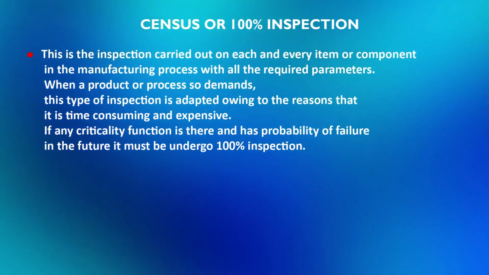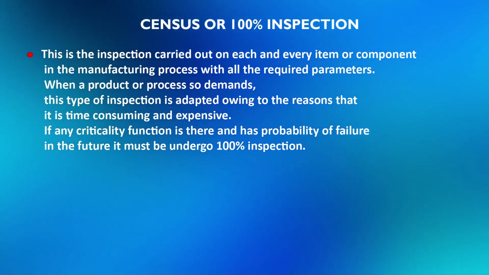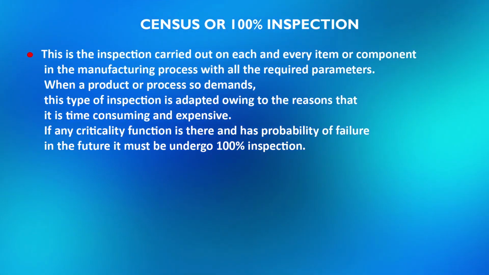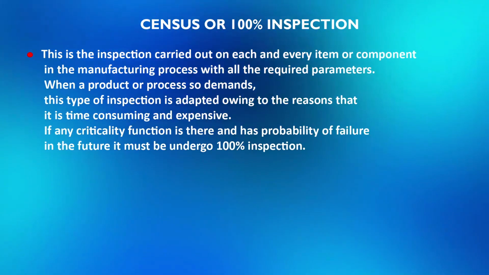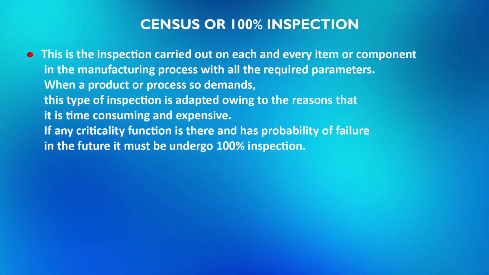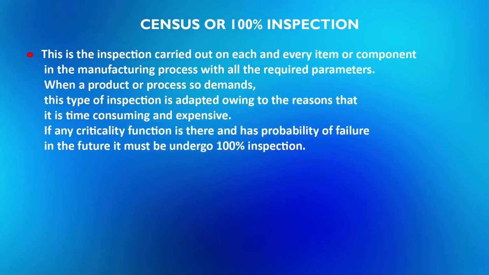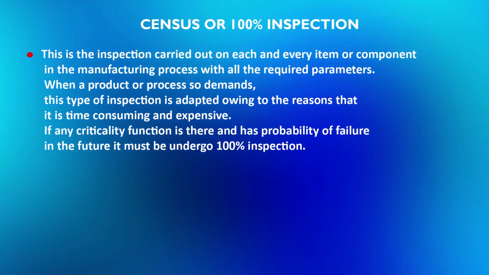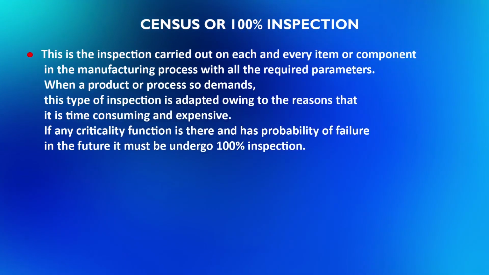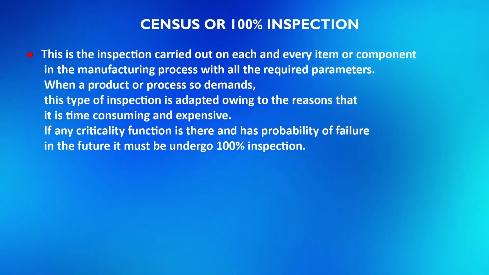If we are manufacturing various parts, suppose a watch, it has to go through various processes: machining, pressing, polishing and assembly. In all these processes we can inspect all the dimensions.